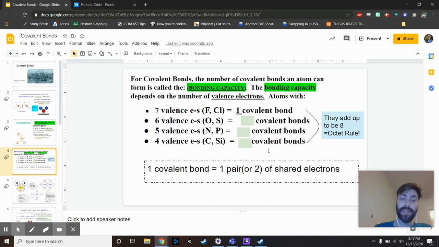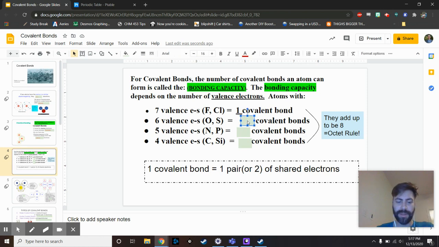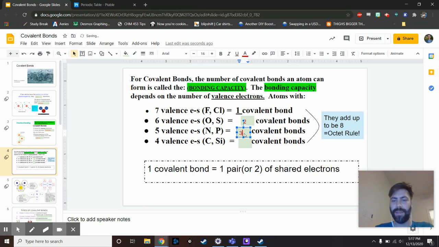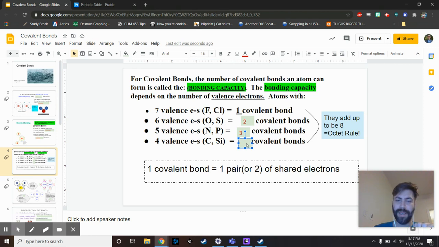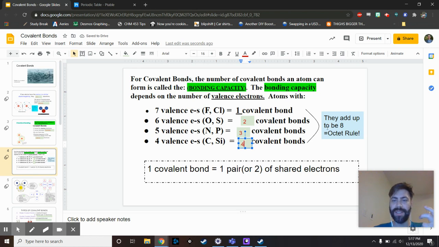Atoms with 6 valence electrons, for example oxygen and sulfur, can make 2 covalent bonds. Atoms with 5 valence electrons can make 3 covalent bonds. Atoms with 4 valence electrons can make 4 covalent bonds. See, this always has to add up to 8 because they're always considering the octet rule.